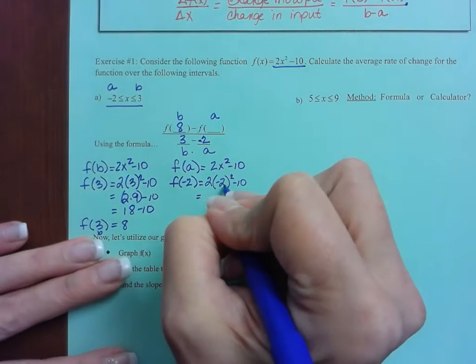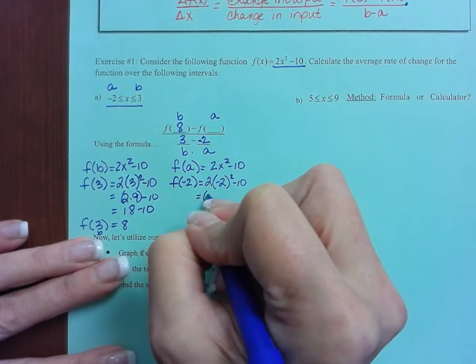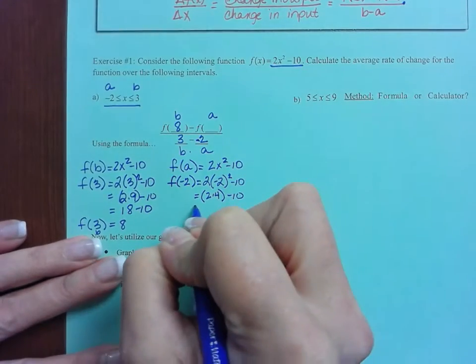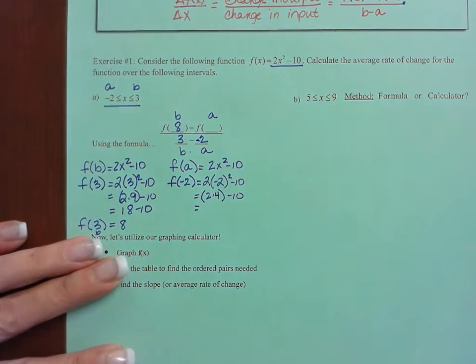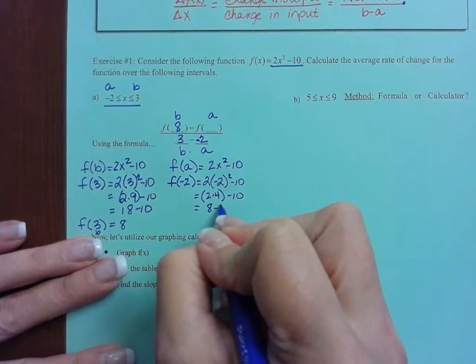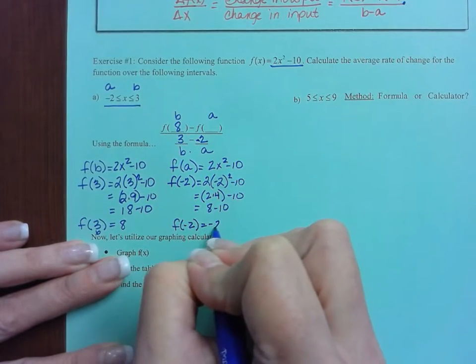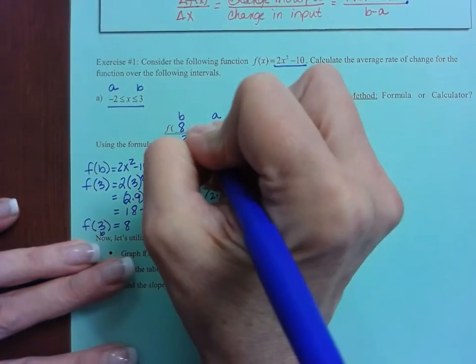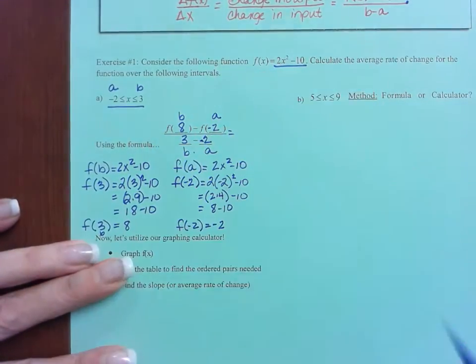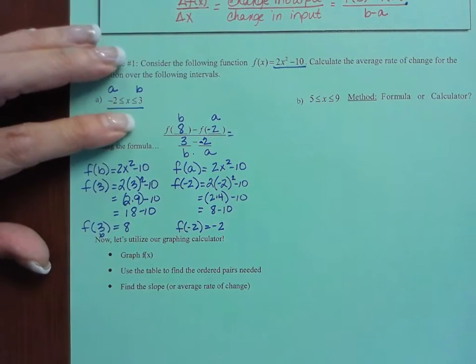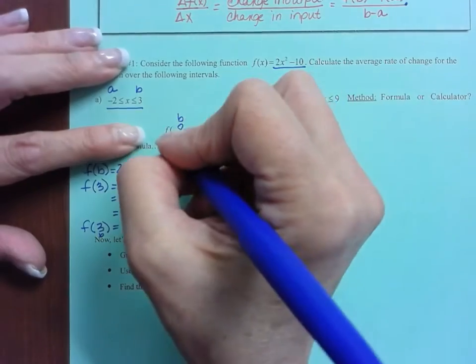And negative 2 squared is 4, so I have 2 times 4 minus 10, which gives me 8 minus 10. So the f of negative 2 is negative 2.